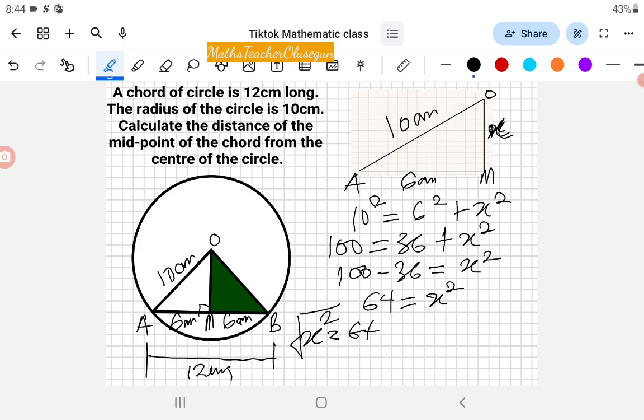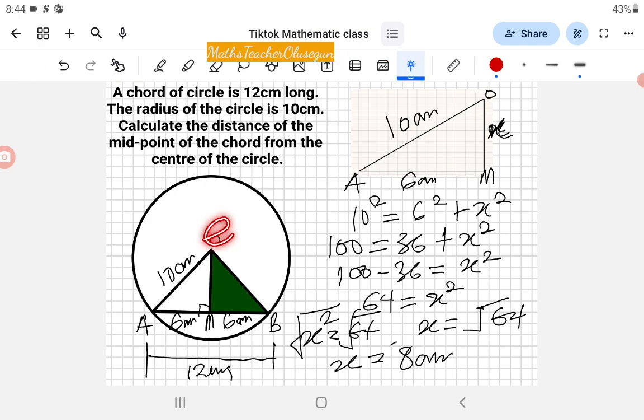By finding the square root of both sides, X is equal to the square root of 64. So X is equal to 8 centimeters. That is the distance of the midpoint of the chord from the center of the circle. This is the center of the circle, and this is the midpoint they are talking about. So that is the example.